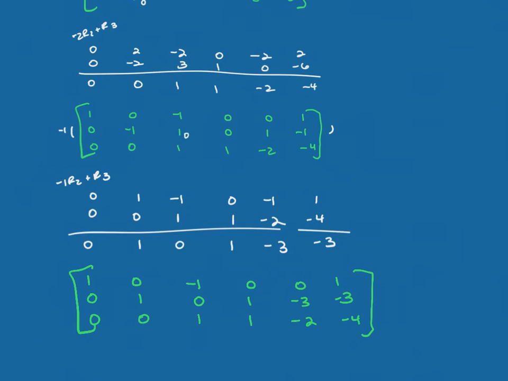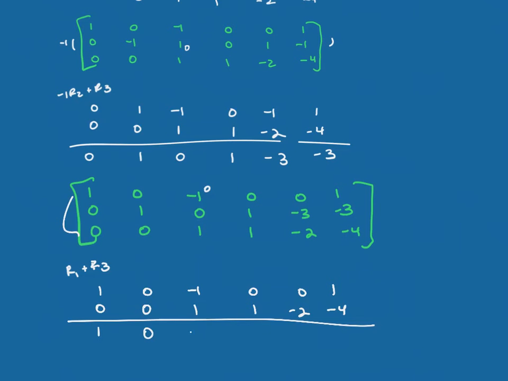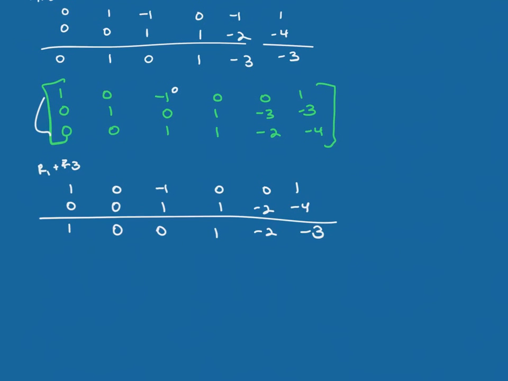And then the last 0 I need is where the -1 is. And for that, I add row 1 and row 3. And that takes the place of row 1.